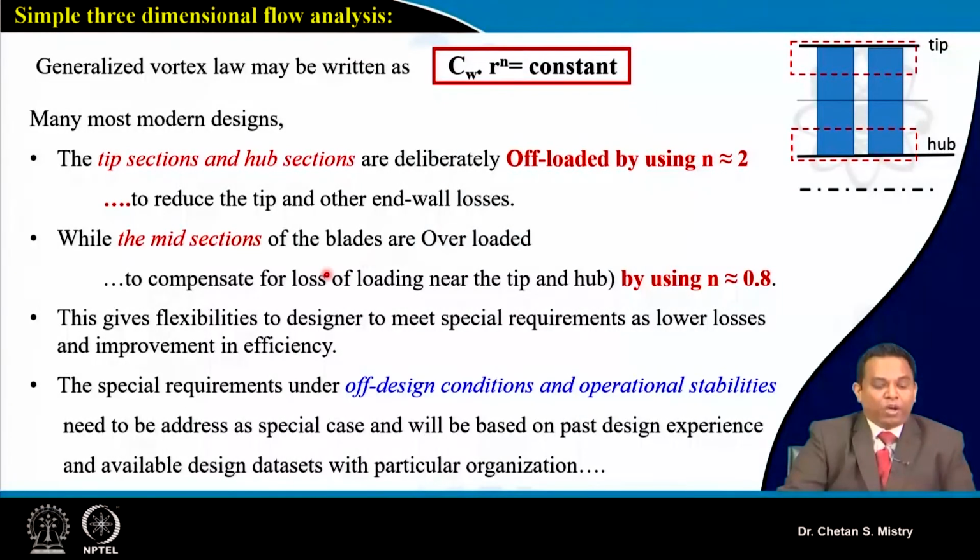At the mid section they are overloaded. When n equal to 2, the blade is not that heavily loaded, so in order to compensate for that loading, we consider n equal to 0.8 near the mid stations.